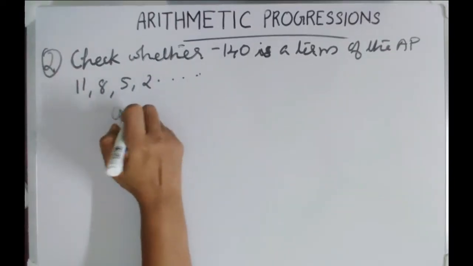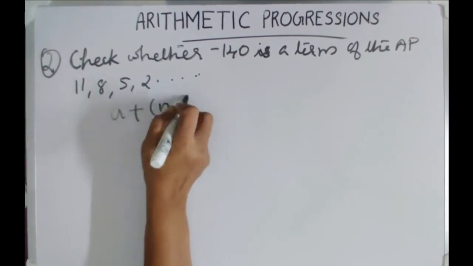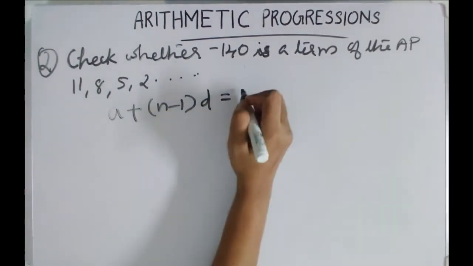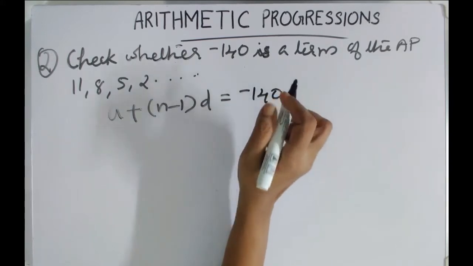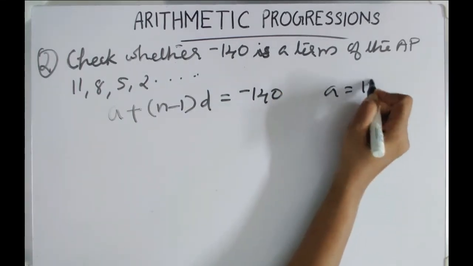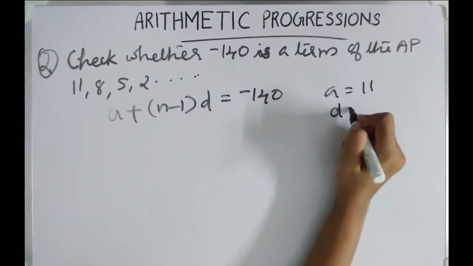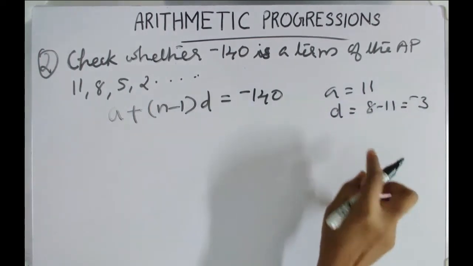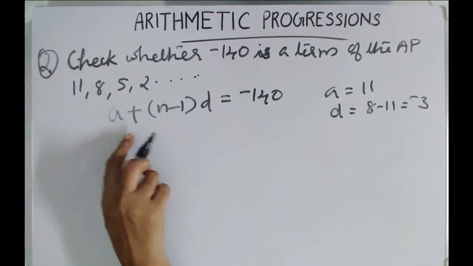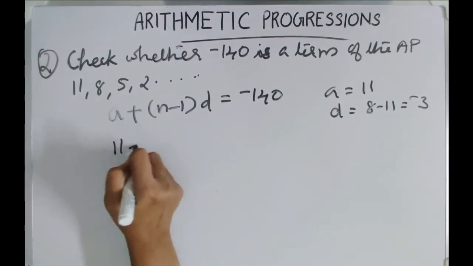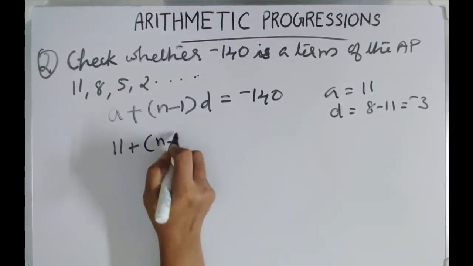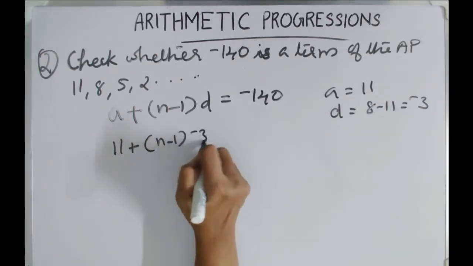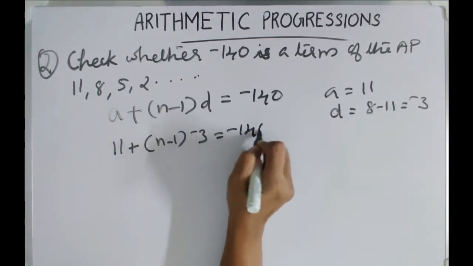Then we can write A plus (n minus 1) into D equals minus 140. Here given that A equals 11, D equals 8 minus 11 equals minus 3. We substitute these values: 11 plus (n minus 1) into minus 3 equals minus 140.